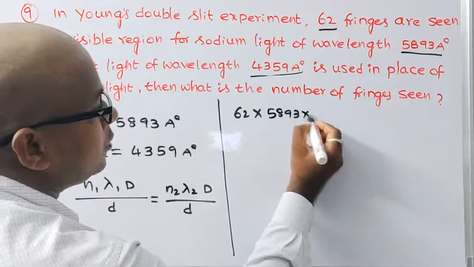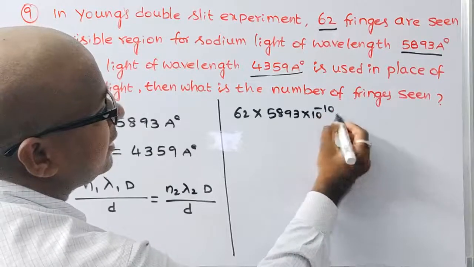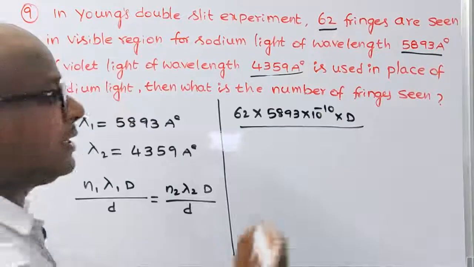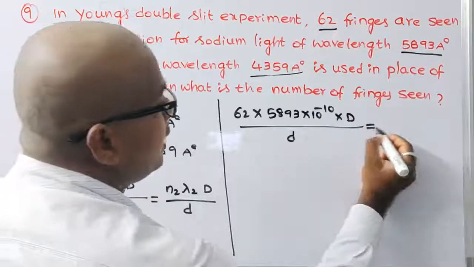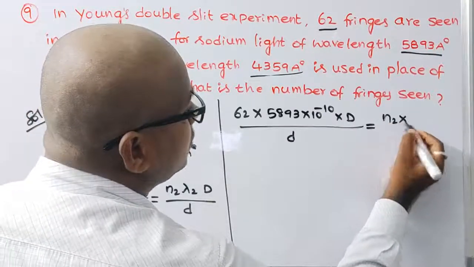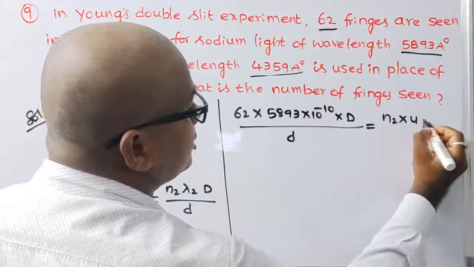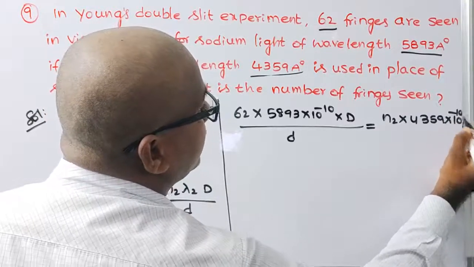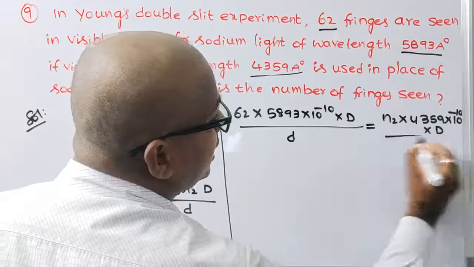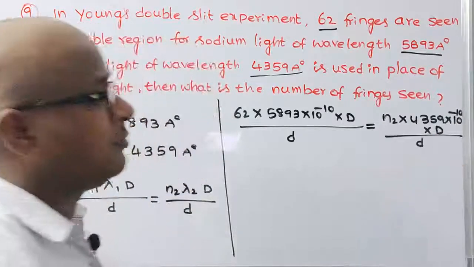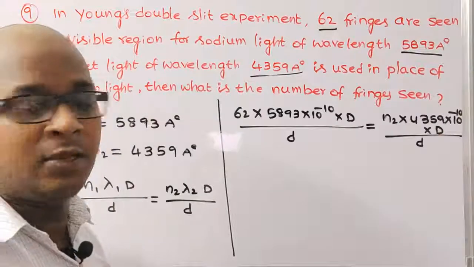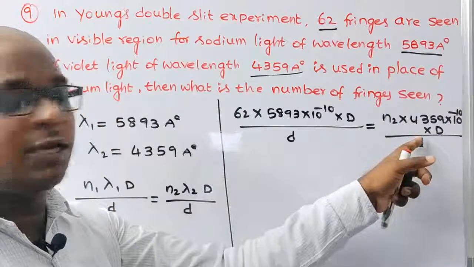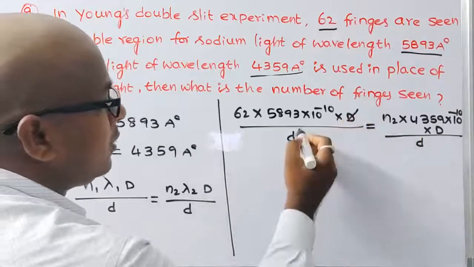So 5893 into 10 power minus 10 into D by small d is equal to n2 into 4359 into 10 power minus 10 into D by small d. The capital D and small d on both sides cancel.